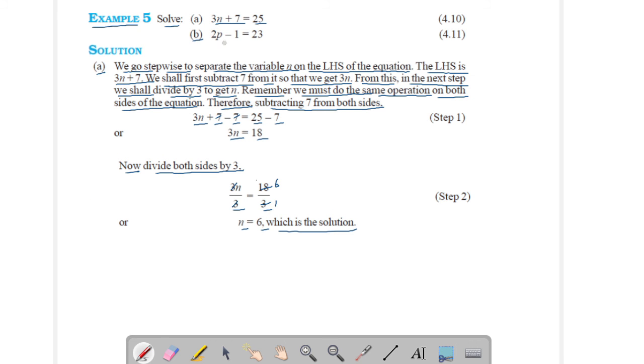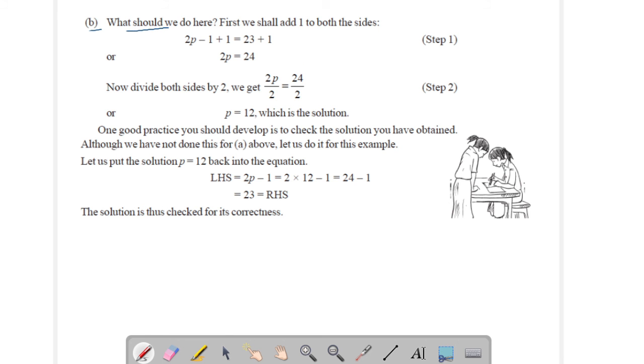B part is 2p minus 1 equal to 23. What should we do here? First we shall add 1 to both sides. 2p minus 1 plus 1 equal to 23 plus 1. Here we want to remove this minus 1, so we added plus 1.